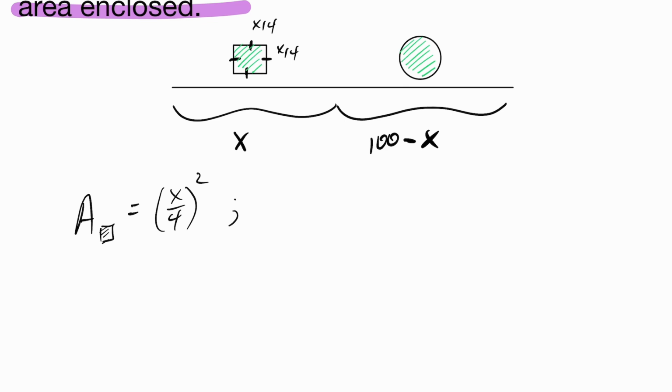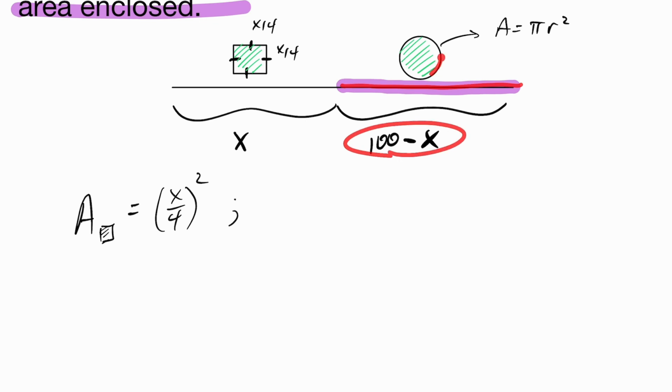Now with the circle, the area of a circle, as we know, is pi r squared. This is what I want to calculate. I need to find the radius, but what I do have is the circumference. I know the distance from here to here is 100 minus X. That would be exactly the distance around this circle.